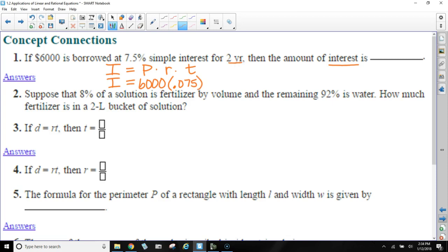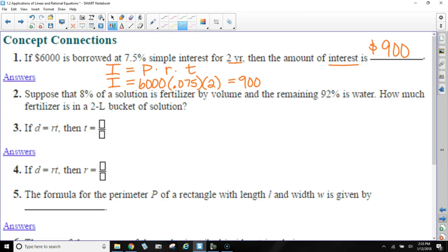The time is in years, so times the time of 2. Now, multiply on your calculator 6,000 times 0.075 times 2, and that comes out to be 900, and the label on that would be dollars, $900.